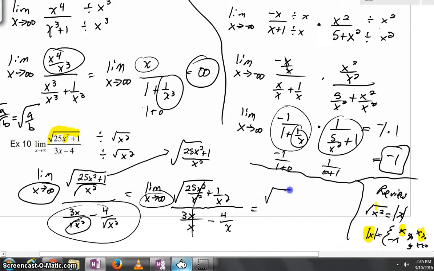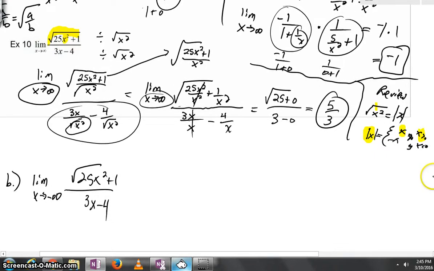It's really the square root of 25 plus 0. Right? Help me out down below. What's this going to become? 3 minus 0. Guess where we're headed? The square root of 25, you know, is really 5. This is 5 over 3.